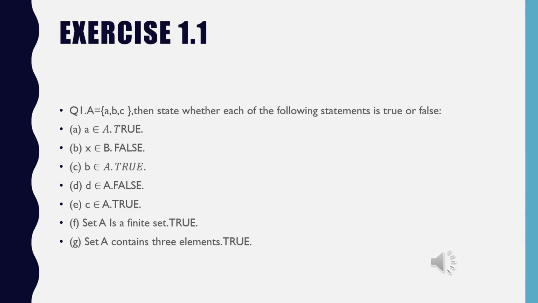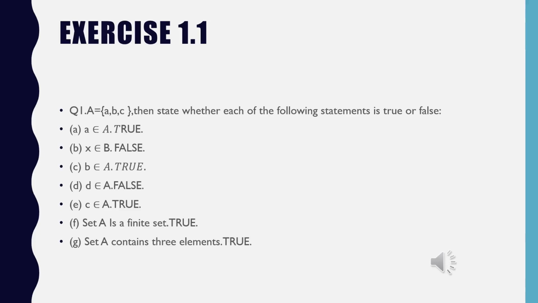Set A consists of, inside the curly bracket, small a, small b, small c. In part A, a is a member of capital A, set A. It is true. Why is it true? Because the main set A is written by the capital letter, and inside, the elements are in the form of small letters.